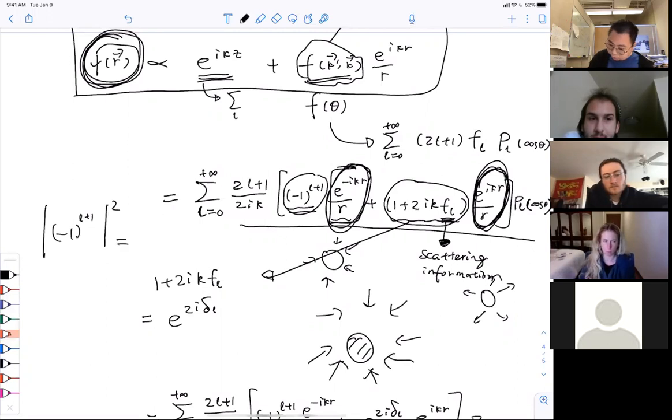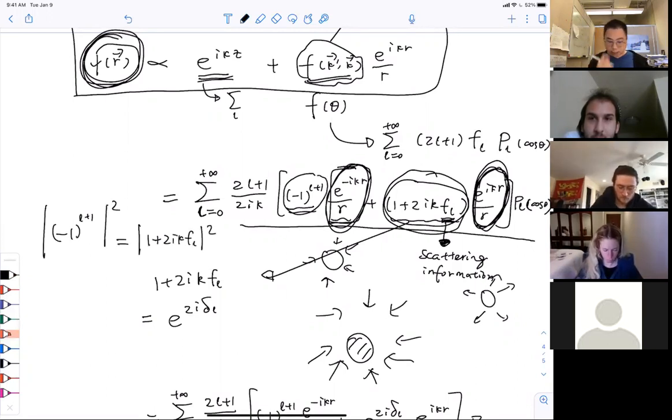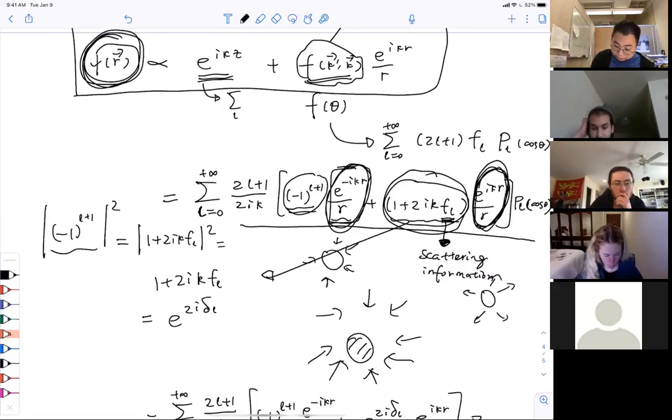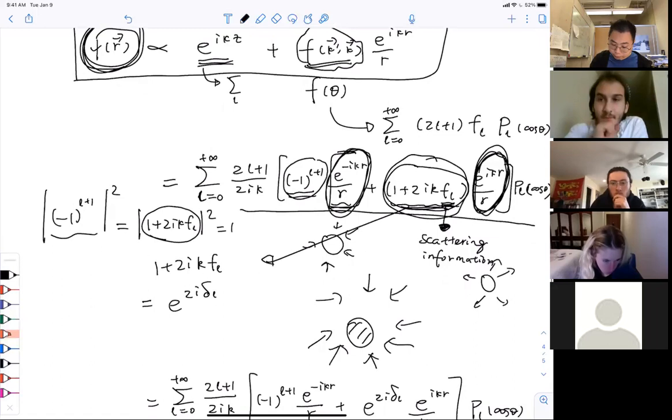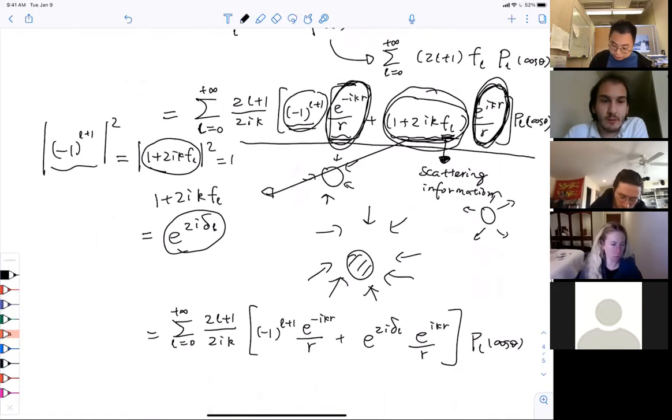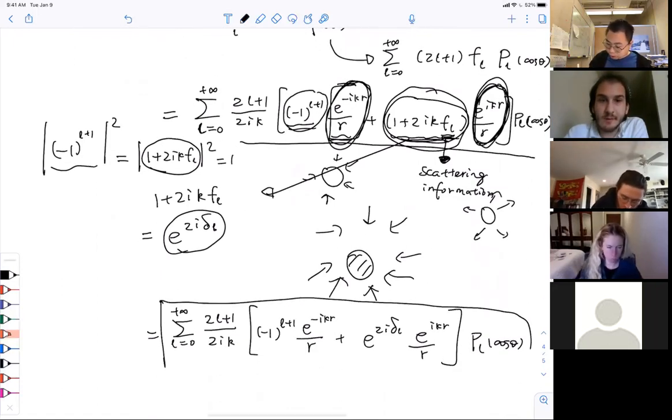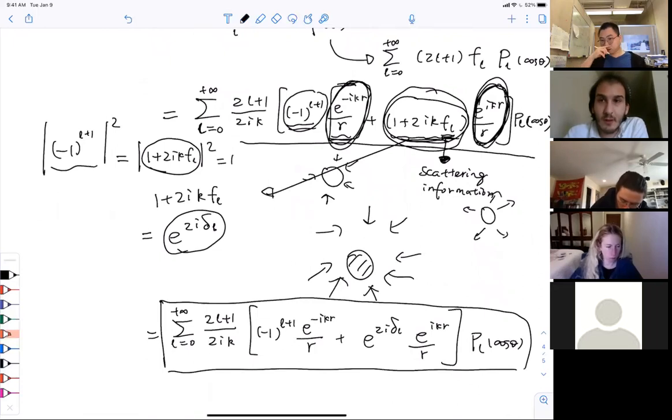This squares to 1, which tells us the whole prefactor can only be a phase factor. That's how we introduce the so-called phase shift delta_L. And then eventually we write it in this form.